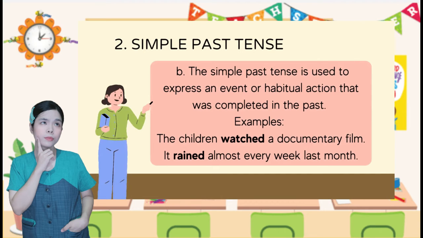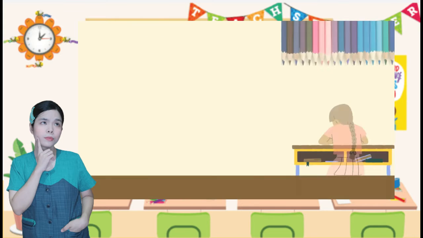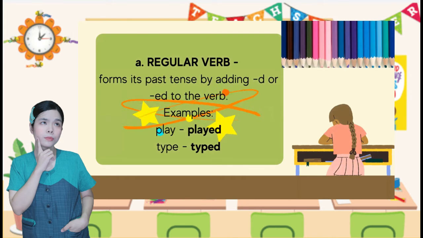Next, we are going to find out how we form the simple past tense of verbs. Actually, class, there are two ways to form the simple past tense of the verb. The first one is what? Regular verb.